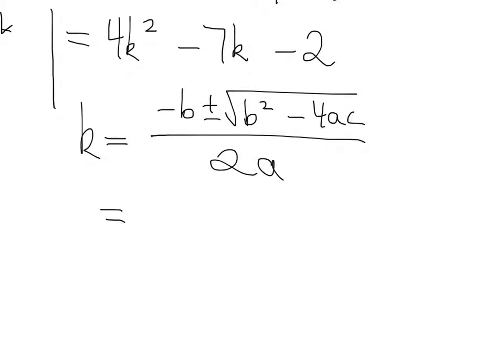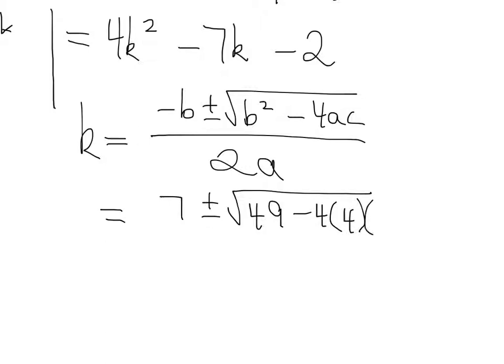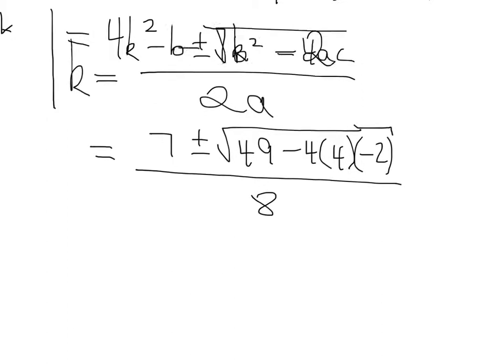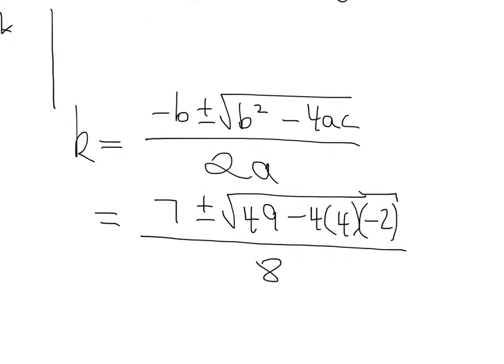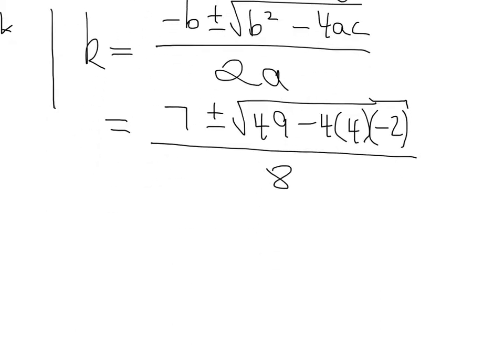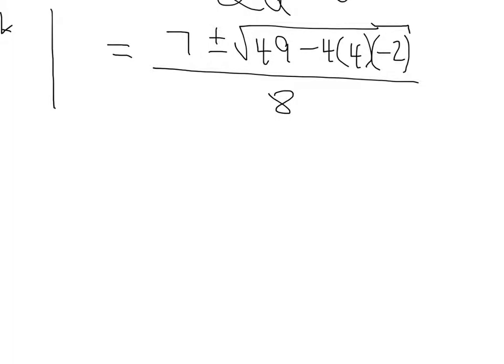So negative b in this case is going to be positive 7 plus or minus, now negative 7 squared is 49, take 4 times 4 times negative 2. Okay, and that's all on 8. So let's just move all of this way up so we can solve this.